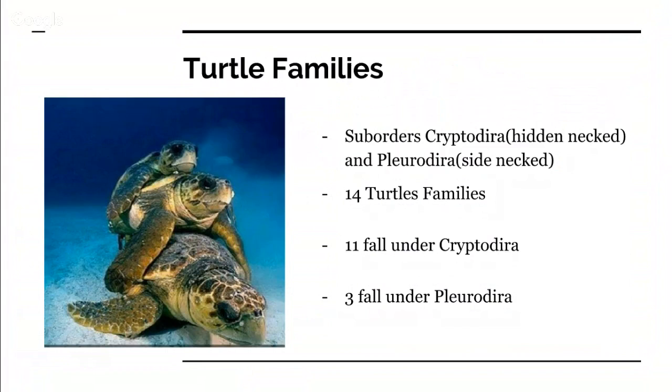I'm just going to name off all these families real quick. I'll give the Latin name, and then I'll describe what they are fairly quickly, so as to not spend too much time on this.